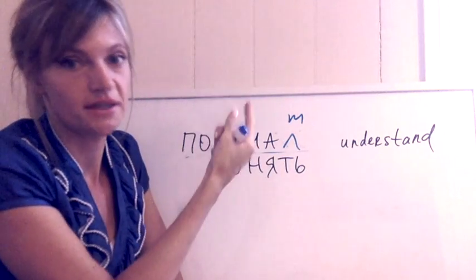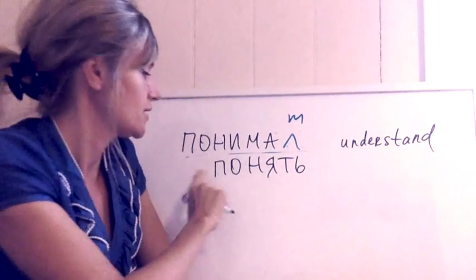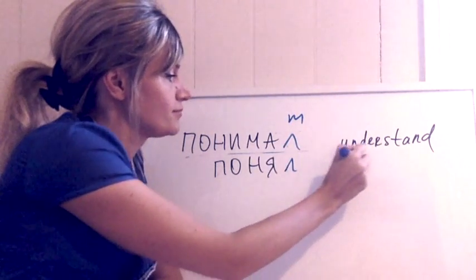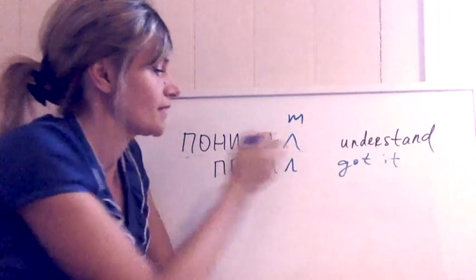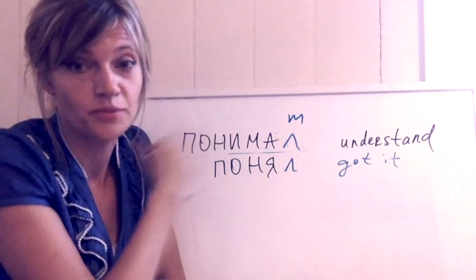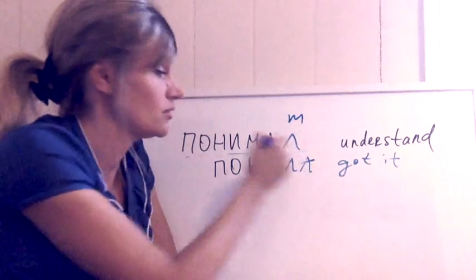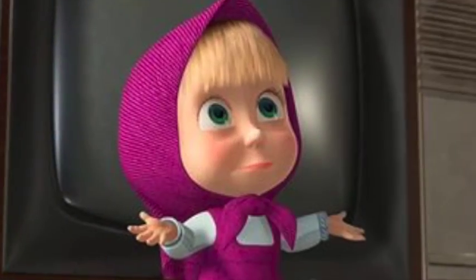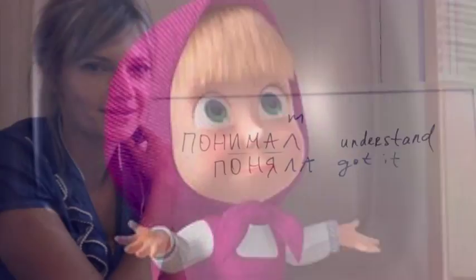He was understanding, like it's a process of understanding. И понял, got it. I can say понял. Did you get it? If I'm talking to a guy, понял. If I'm talking to a girl, поняла? It's a little bit rough to say that, but it's straight to the point.